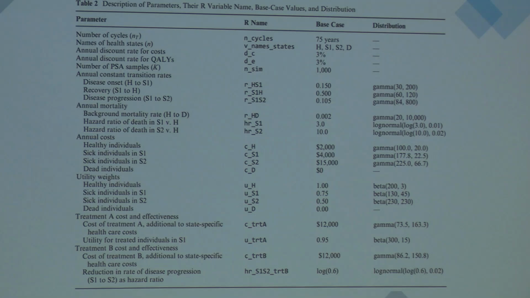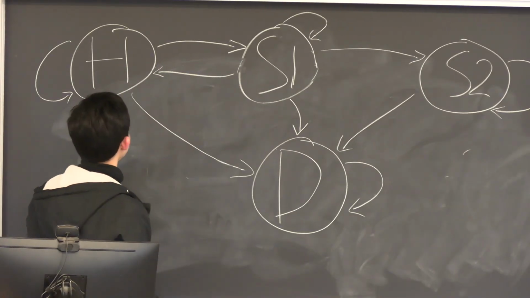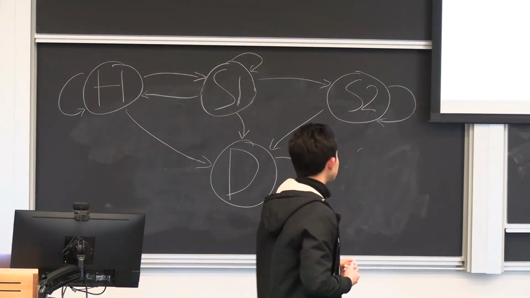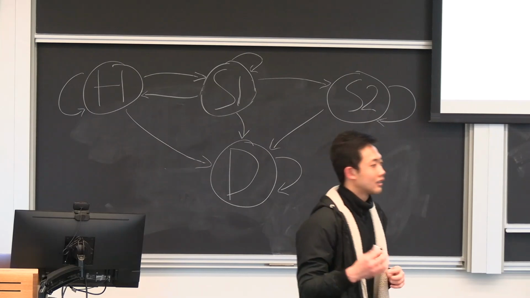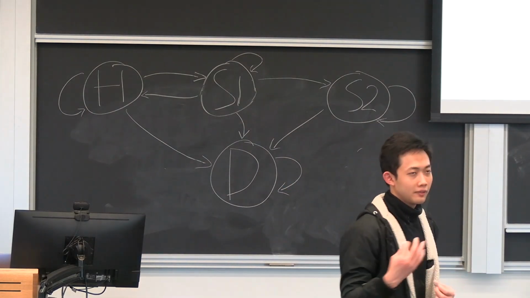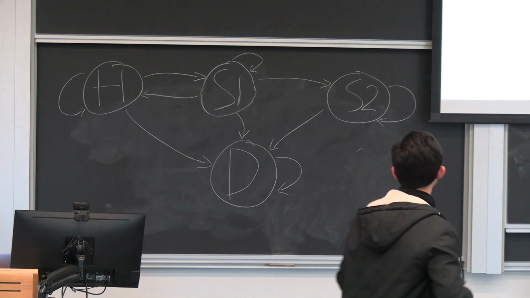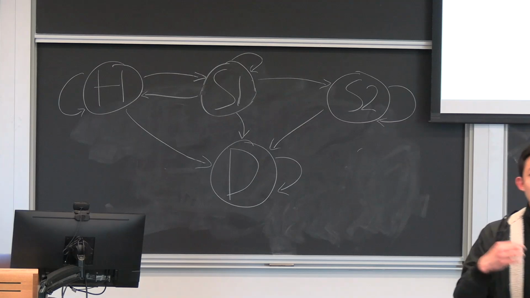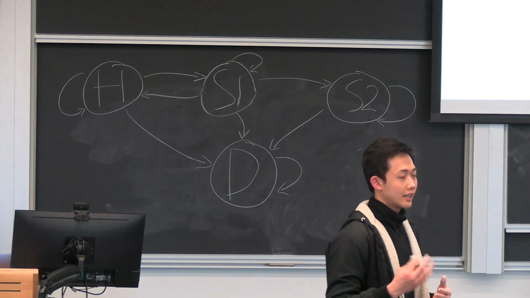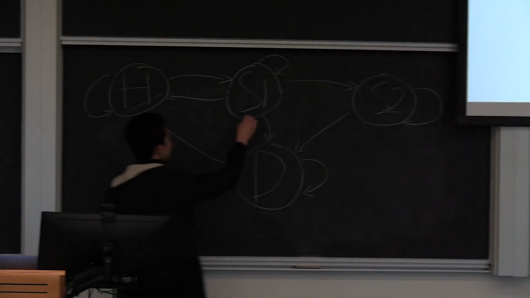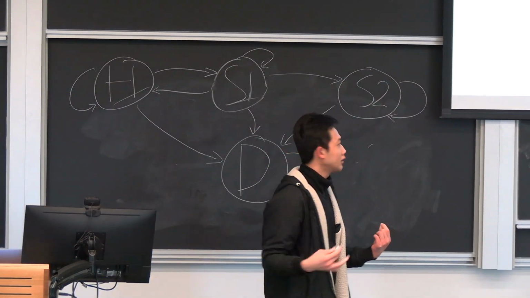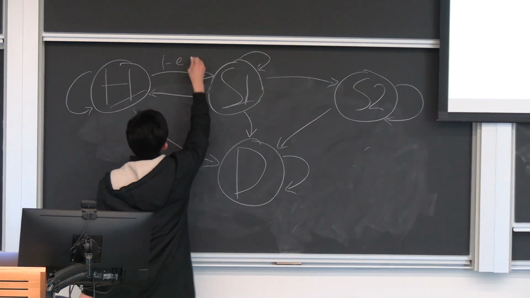And the rates. As you've seen here in this cohort state transition model, we have some arrows whose values we cannot just know. So of course we need to define some initial values for some transition probabilities, so that we can define other probabilities. In this case, we first define the probability from healthy to sick. So we define the rate, which is 0.15, so this is 1 minus e to the minus 0.15. We also define from S1 to healthy, which is 1 minus e to the minus 0.5.